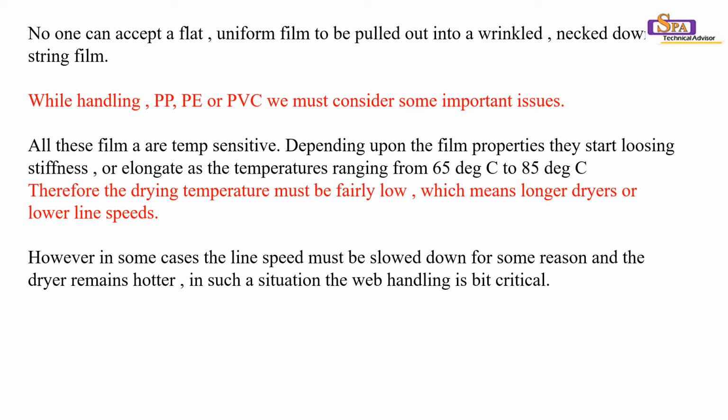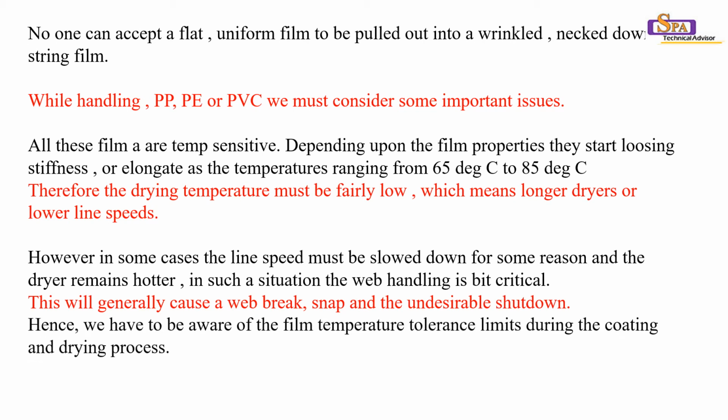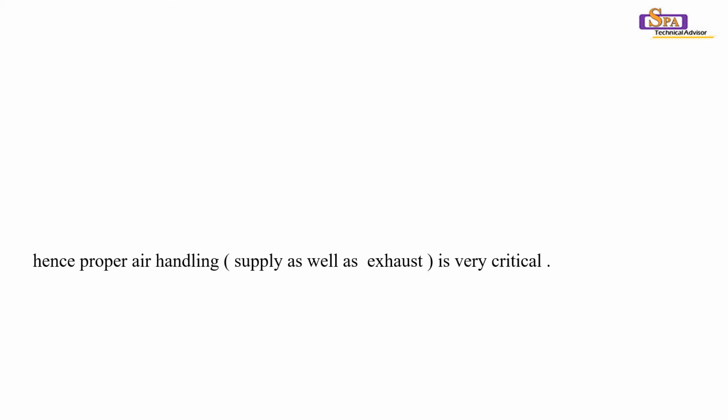In such a situation, the web handling is a bit critical. This will generally cause a web break or snap and an undesirable shutdown. Hence, we have to be aware of the film temperature tolerance limits during the coating and drying process.